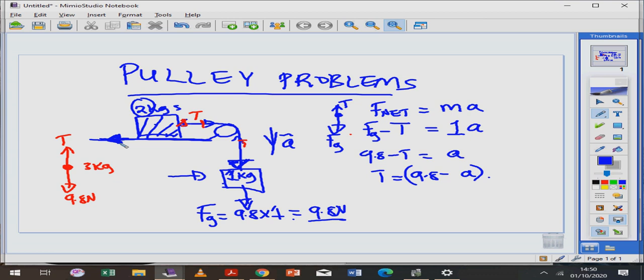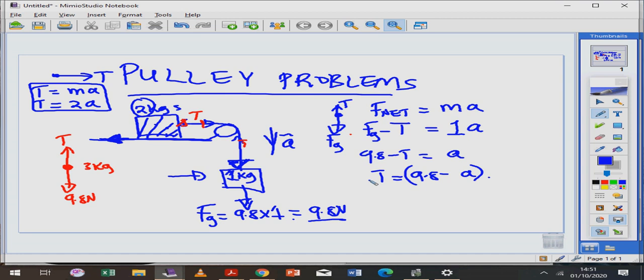According to this object on itself alone, the forces acting horizontally are the tension, and on the other direction there is no force at all. So for that object, the tension is equal to its mass times acceleration, and therefore tension is equal to 2 times acceleration. Now, having those two equations, I can substitute for tension in this equation.